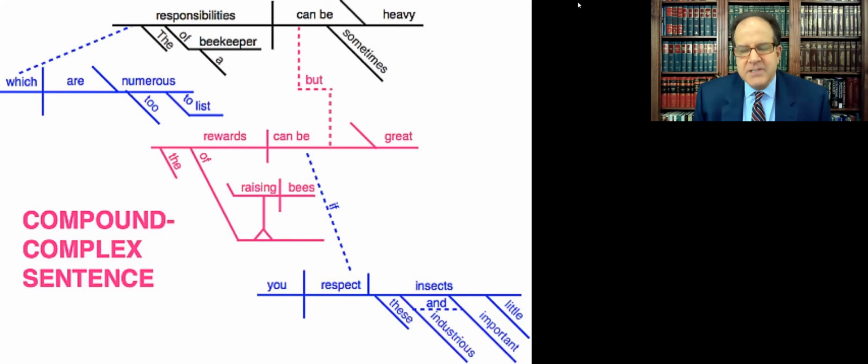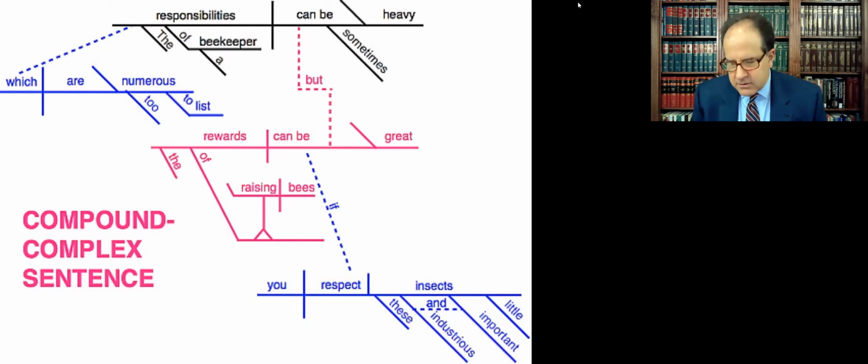The responsibilities of a beekeeper, which are too numerous to list, are sometimes difficult, tedious, daunting, but the rewards of raising bees can be great. And notice that's a dependent clause that gets its own little diagram on the second tier, indented.